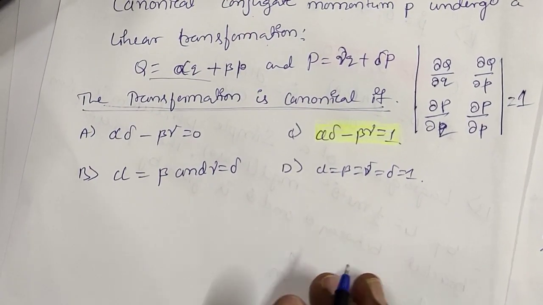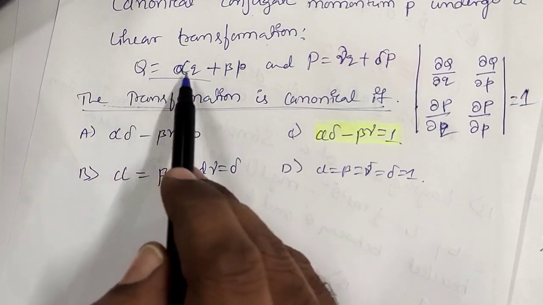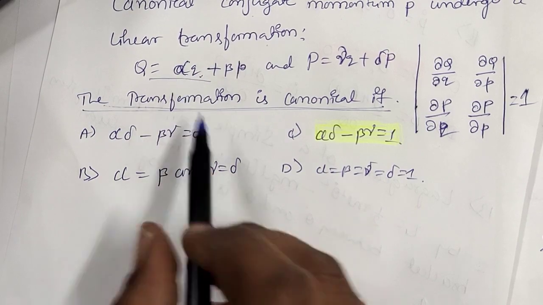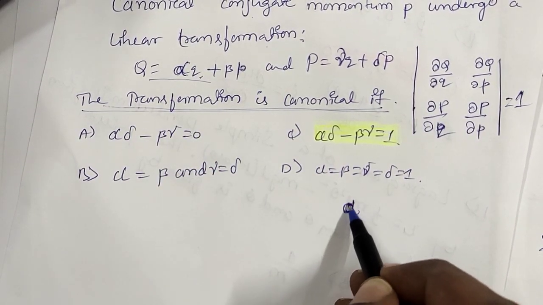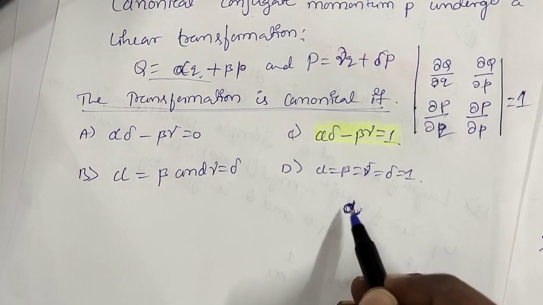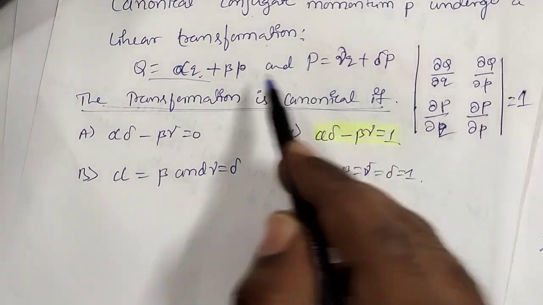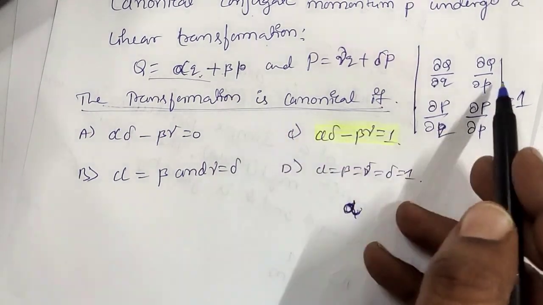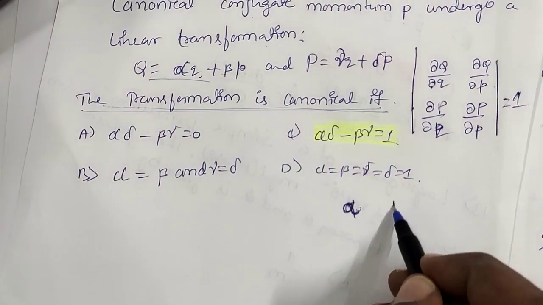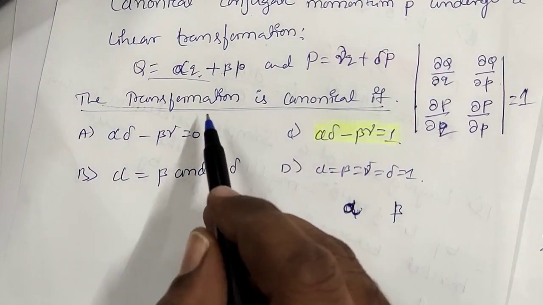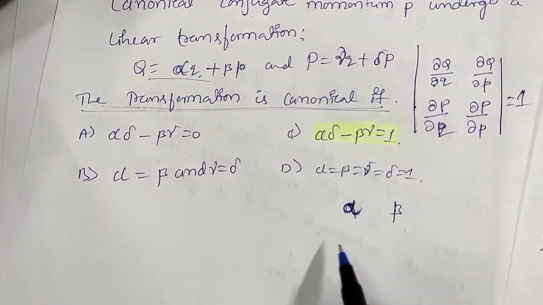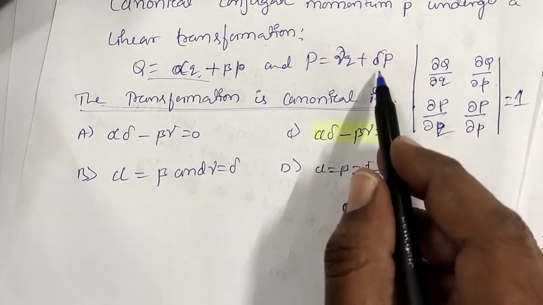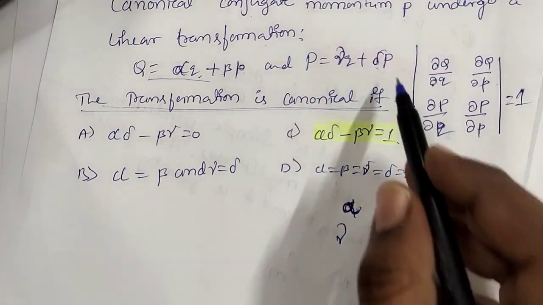So let's verify this. Differentiate Q with respect to small q, which gives alpha. Differentiate this Q with respect to small p, which gives beta, and differentiate capital P with respect to small q, which gives gamma, and which gives delta if you differentiate with respect to p.